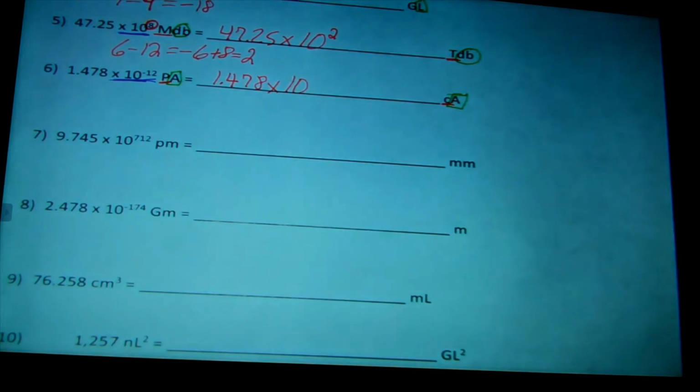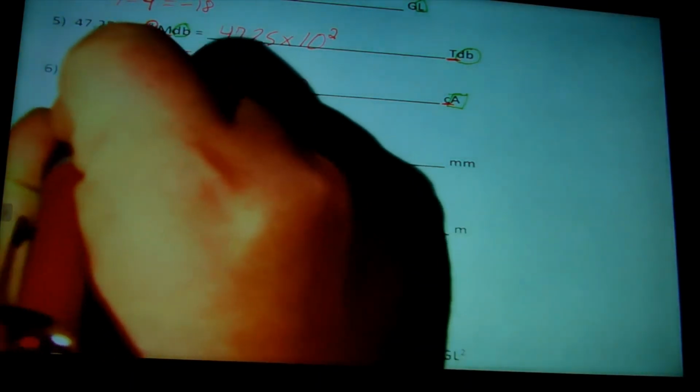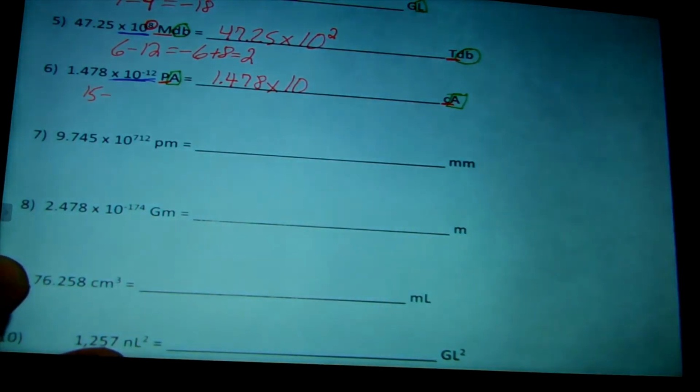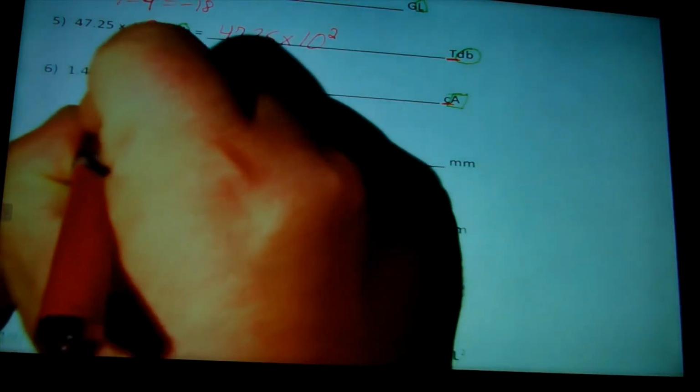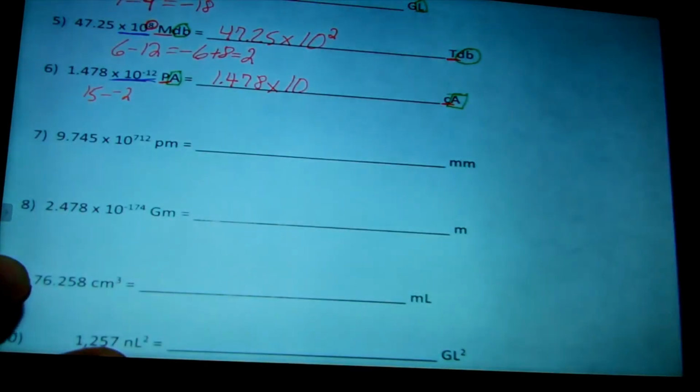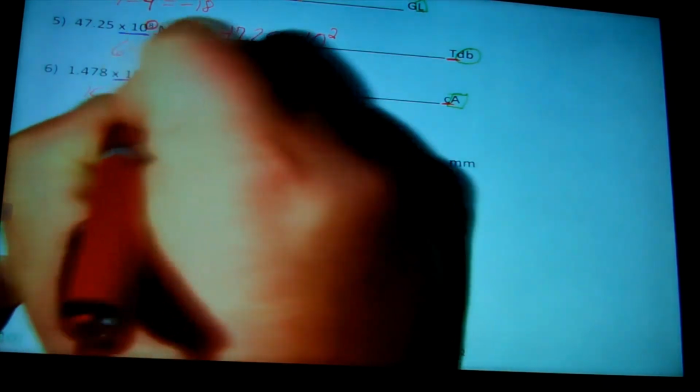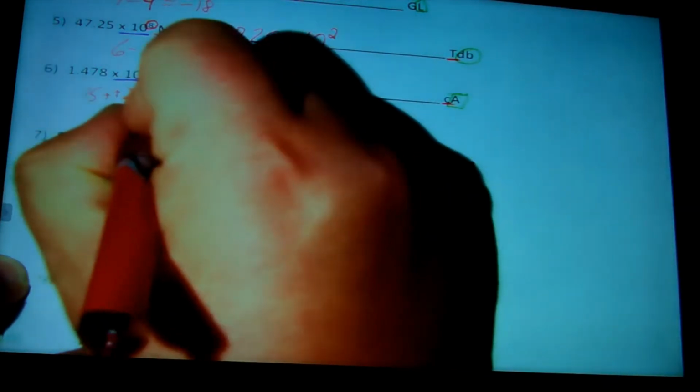So in that something another, what we'll have is finding the change here. So we're going from peta. Peta is the greatest one I have you memorize. So 15 minus centi. And centi is just negative 2. So 15 minus negative 2 is the same as 15 plus positive 2. So 15 plus positive 2 is 17.